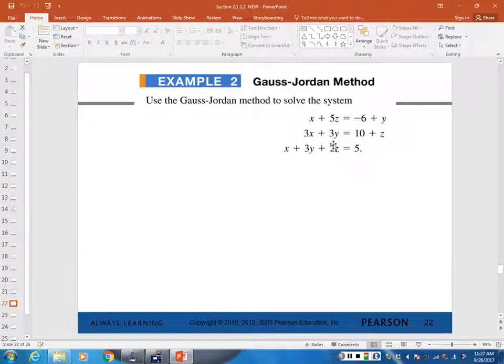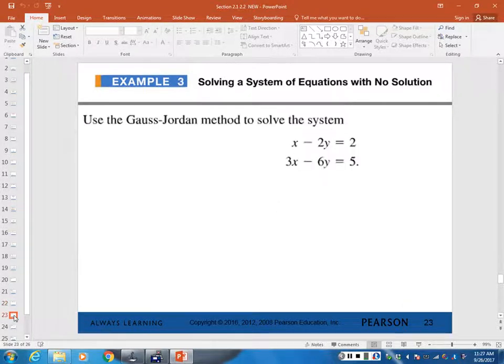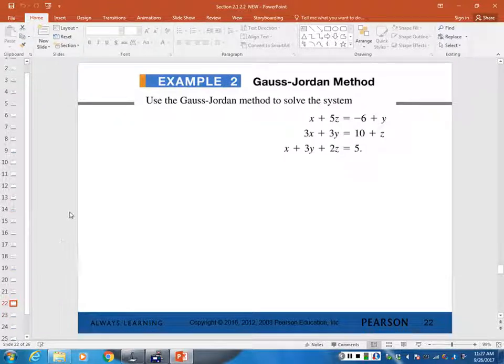Okay, here's the problem. Oh, and I didn't even leave the steps in there. Well, what you have to do here first, and we have to do this anyway, is this is not set up in a matrix-friendly form. So the first thing we want to do is get all of these set up to where they're in the form AX plus BY plus CZ equals D, some number.